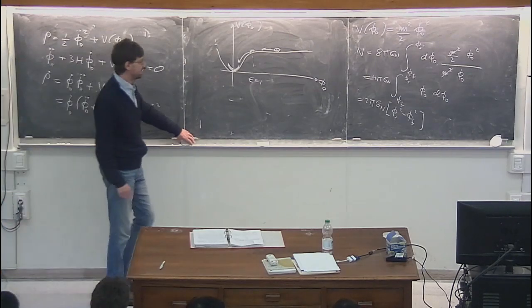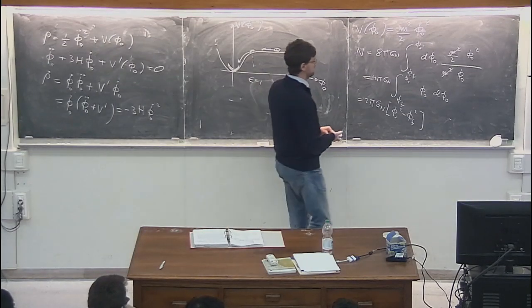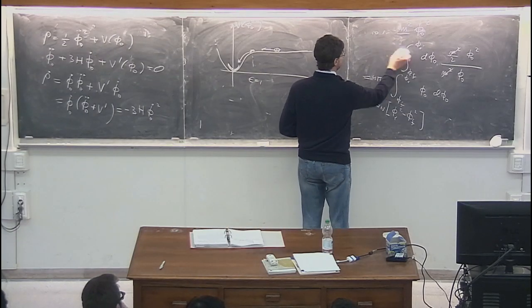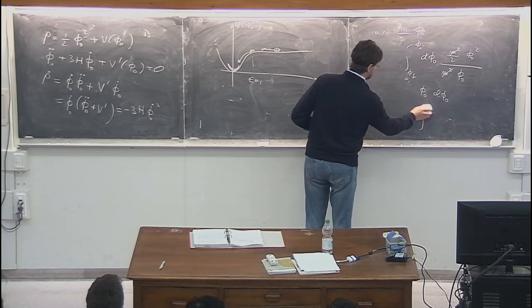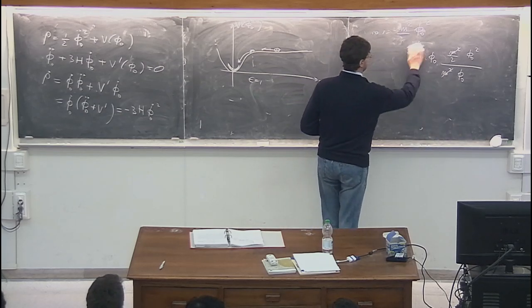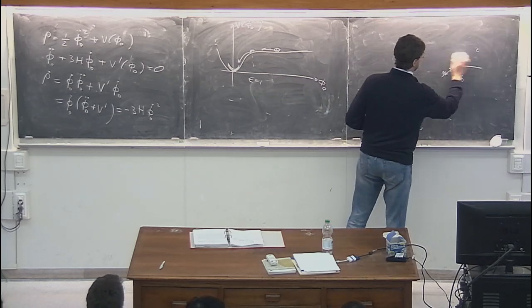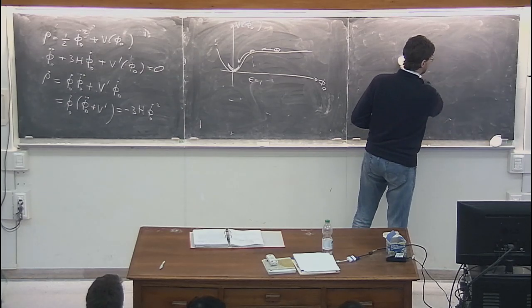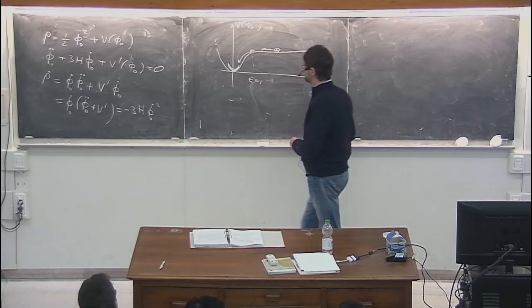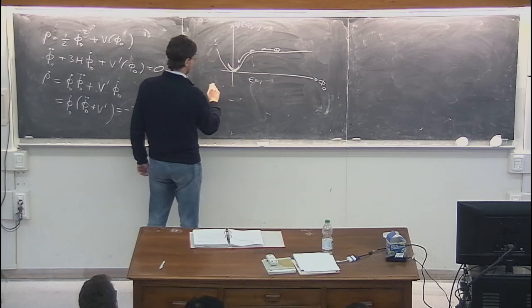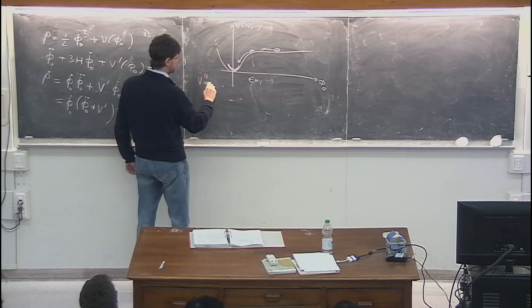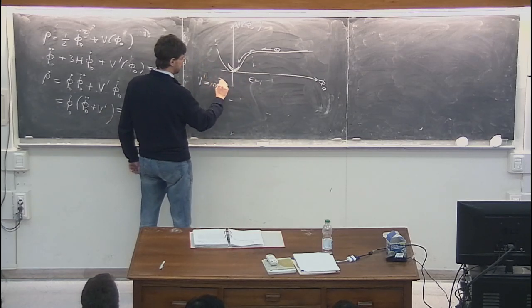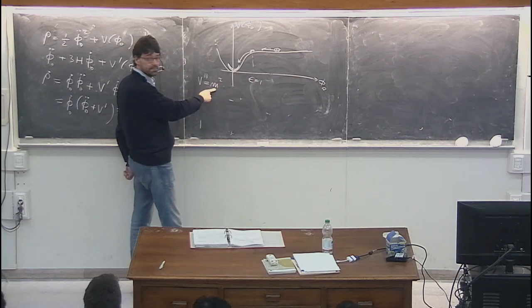And now I'm making an assumption, which is a very good approximation. I'm assuming that the frequency of the oscillations, so if you like the square root of the curvature at the bottom of the potential, V double prime, which is the mass of the scalar field squared around the minimum of the potential, let me call it m.